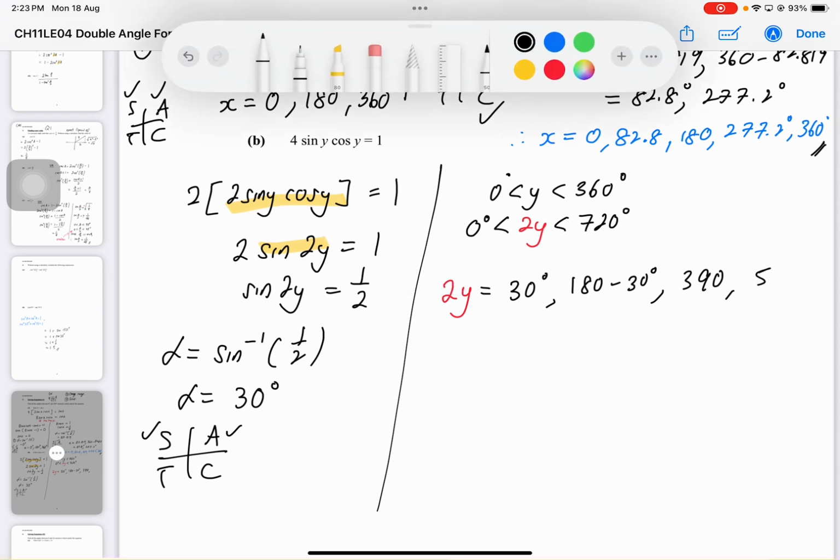And 510. Okay, and finally divide it by 2. Everything divided by 2. That gives the answers in degrees, ending in 255 degrees.